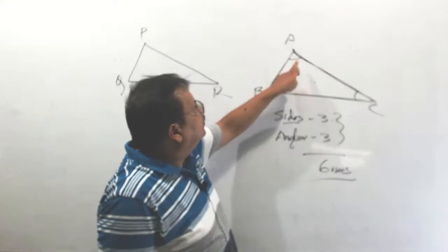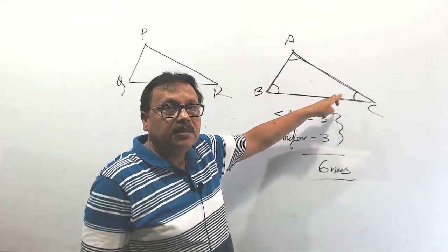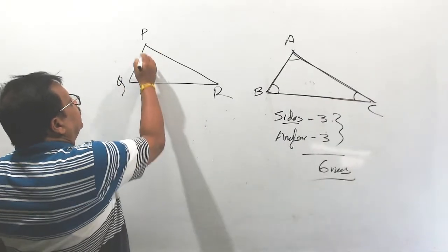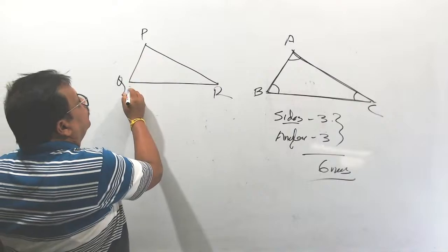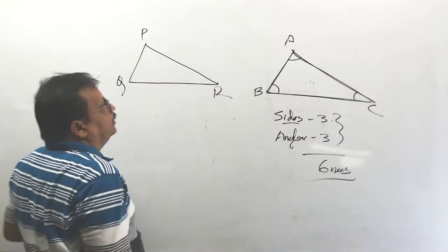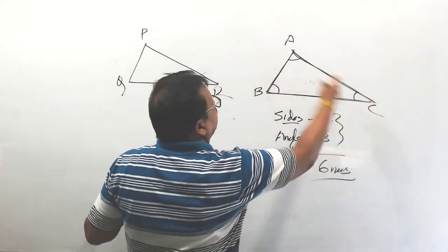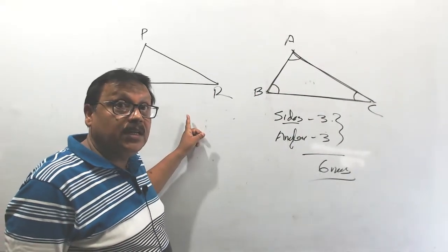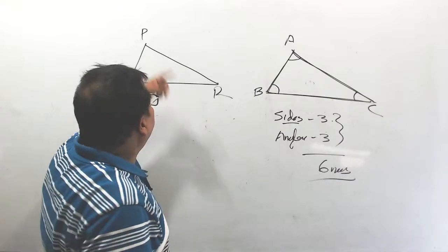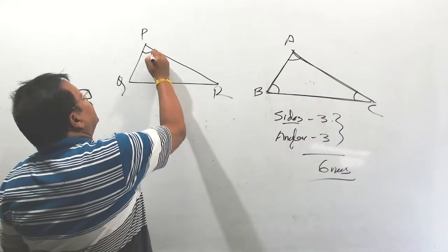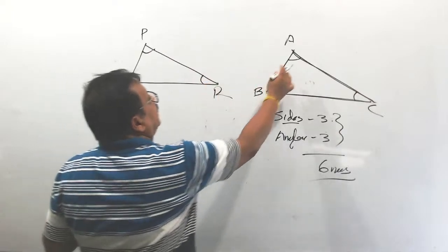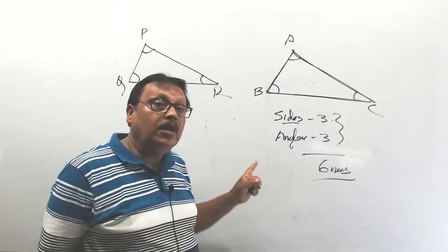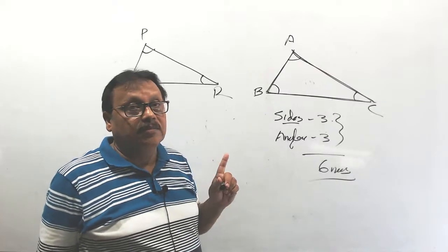If the three sides PQ, QR and RP, and AB, BC and CA, the corresponding three sides are equal, and the corresponding three angles are equal, then the triangles will be called congruent triangles.